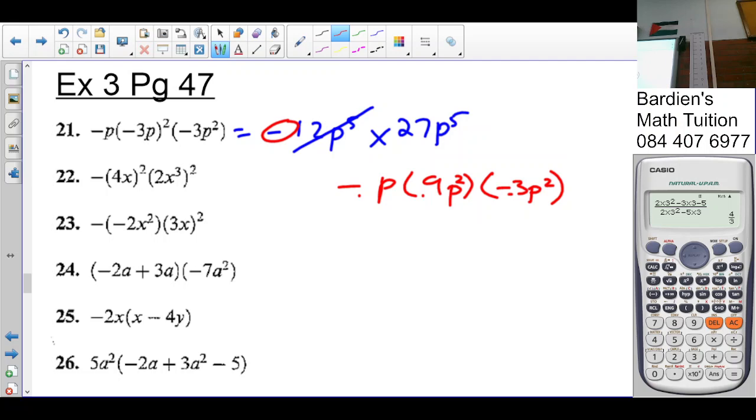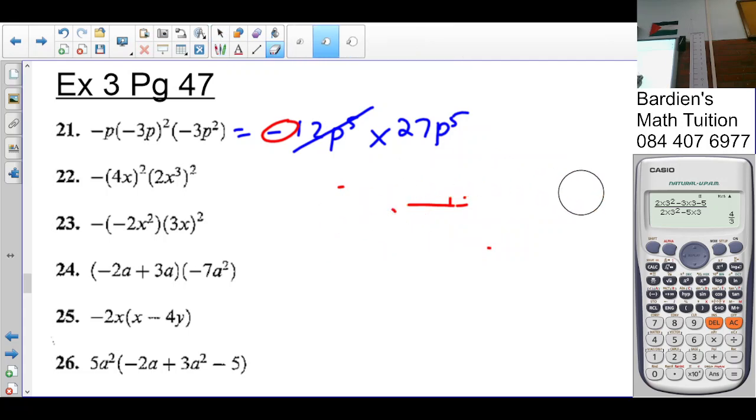And 9 times 3 is not, how do you get 12? 9 plus 3. Because in my second line I removed the bracket. So you got minus p. Carry on. I have negative 9p cubed, so you multiply that, okay? So it's negative 9p cubed minus 3p squared. But how can you subtract that if it's unlike terms? You made 2 mistakes even. Okay? So watch out for that then. Right, what's your next answer, people?